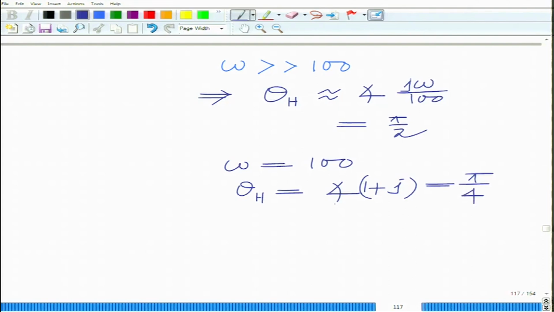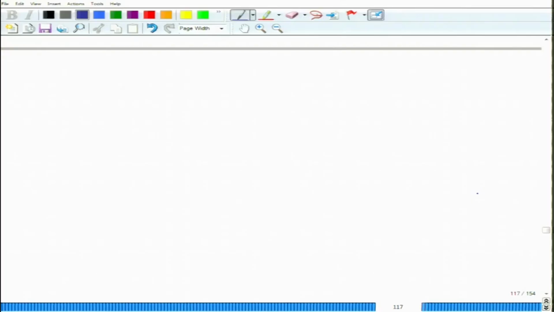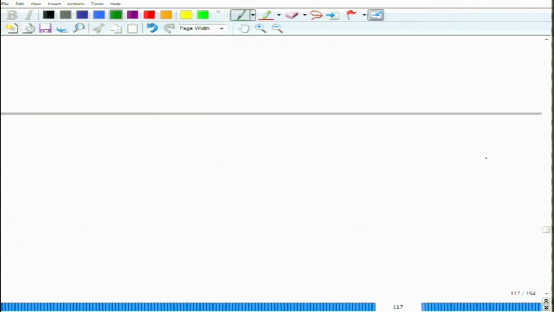So, angle starts at 0 for omega much less than the corner frequency. At the corner frequency it is pi by 4, and for omega significantly greater than the corner frequency, it is pi by 2. Okay. So, if you plot this once again, the Bode plot for the phase, that looks again on the log axis.